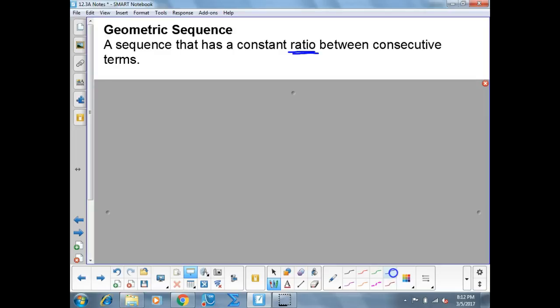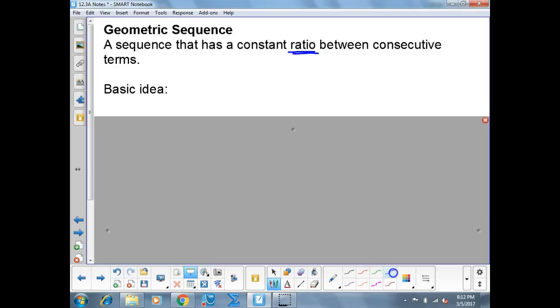So the basic idea here is that instead of adding to get the next term, we are multiplying. We're going to multiply to get the next term.